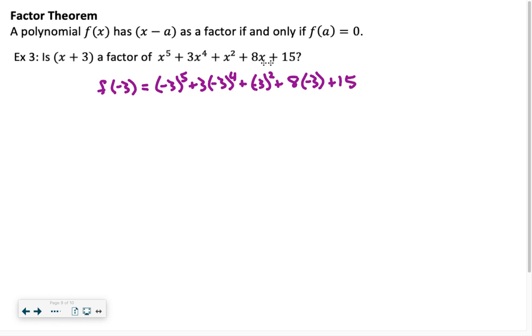That looks pretty ugly to try to calculate, okay? This is a situation where it may actually be easier to use synthetic division, all right?